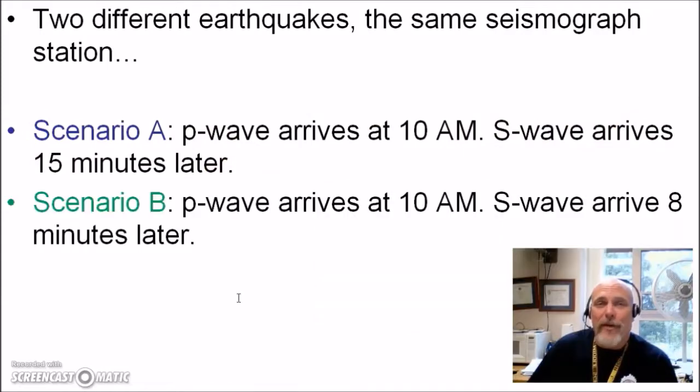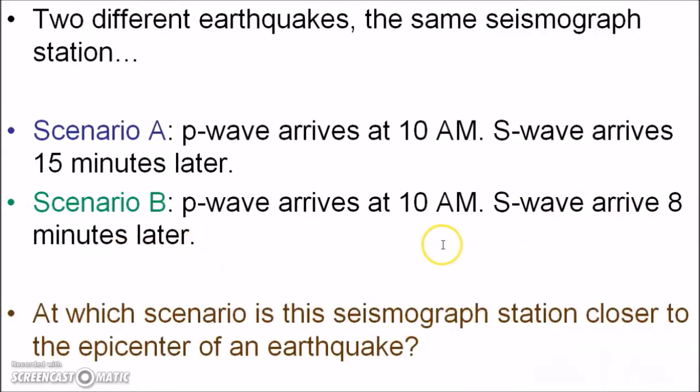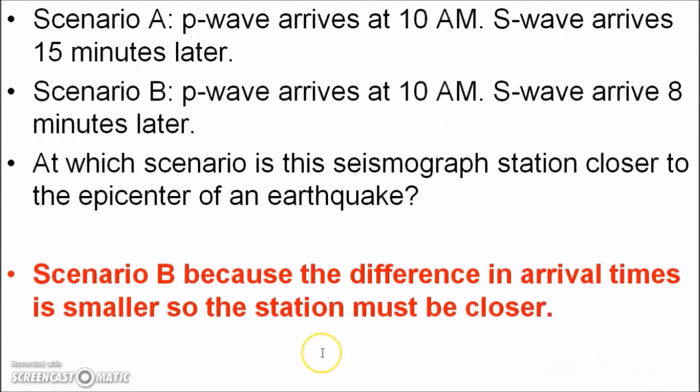For earthquake B, the P wave arrived at 10 a.m., same time, different day, but the S wave arrived 8 minutes later. At which scenario is this seismogram station closer to the epicenter of the earthquake? Was it closer to the first earthquake, or was it closer to the second earthquake?